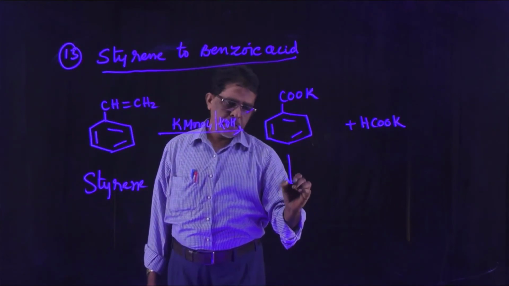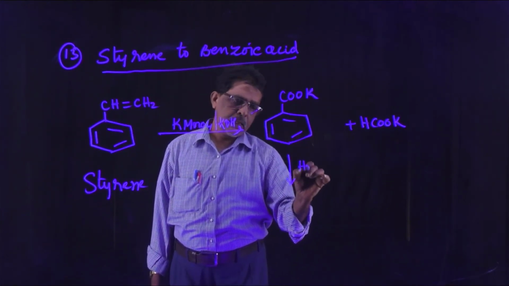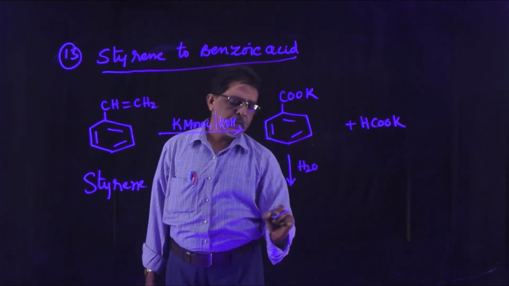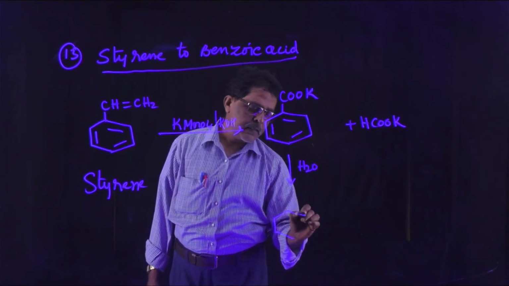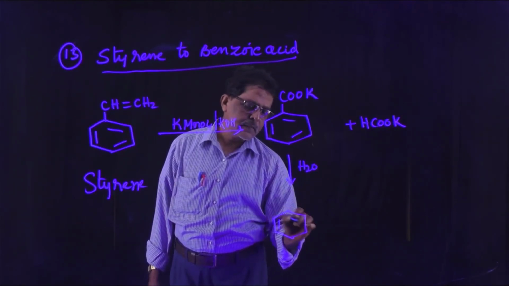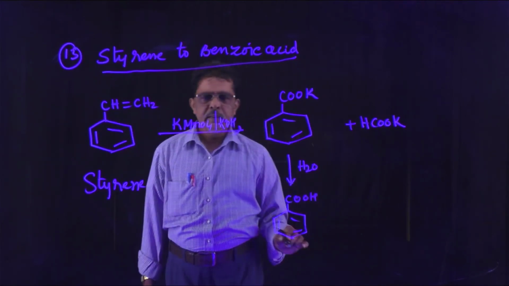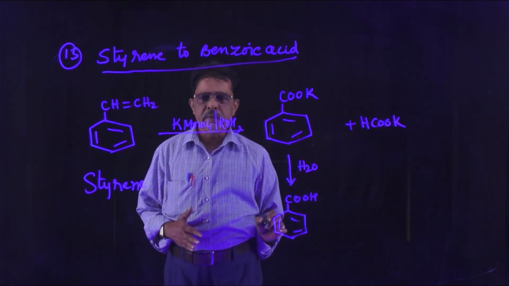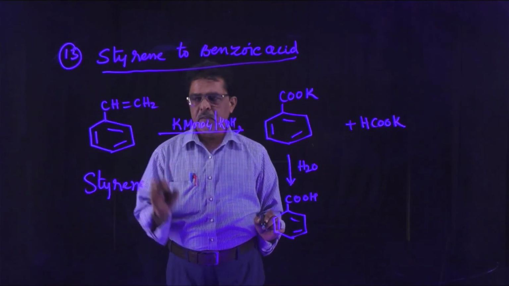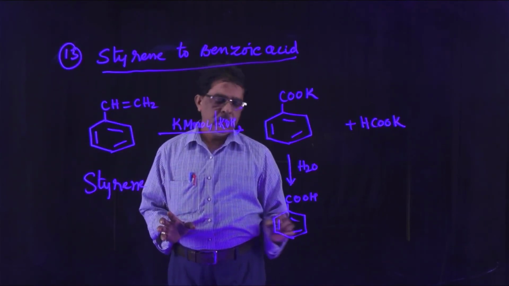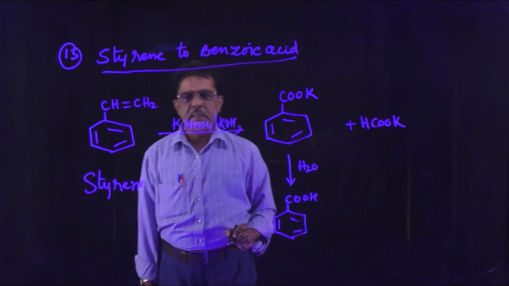This potassium benzoate is again subjected to hydrolysis. Then you will get the required benzoic acid. In this way, we convert styrene or vinyl benzene into benzoic acid.